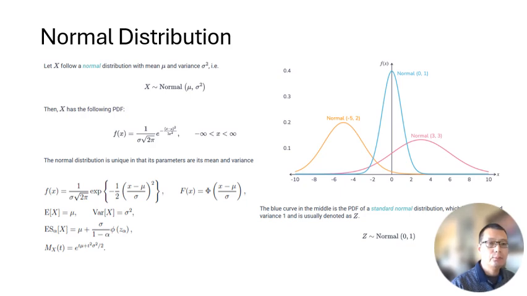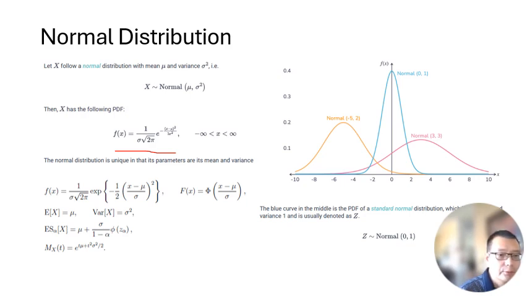Fx equals 1 over sigma times the square root of 2 pi, multiplied by e to the power of this, where x is from negative infinity to positive infinity.